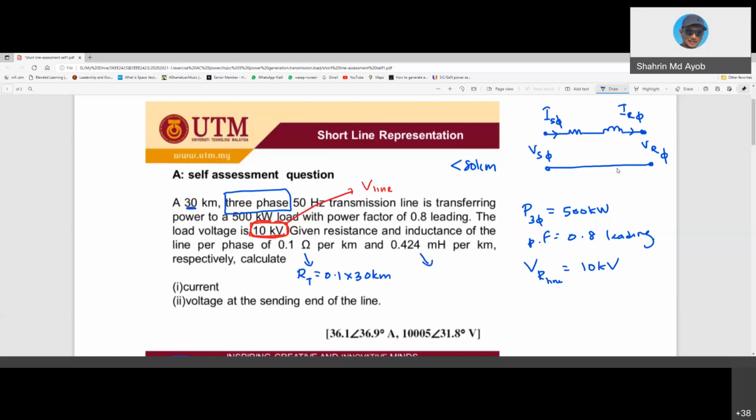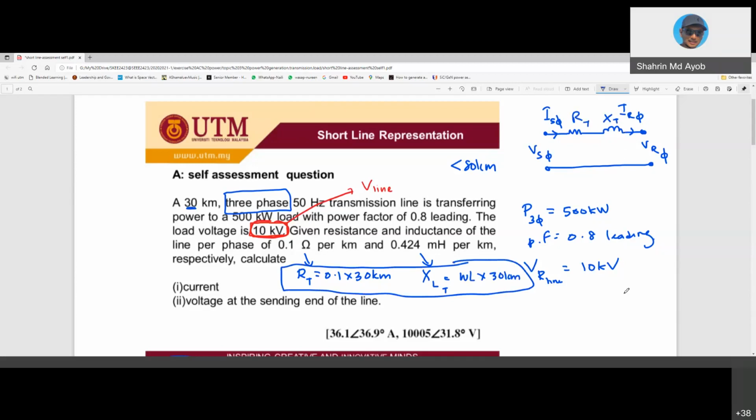You need to convert the inductance into reactance first: multiply omega L by 30 kilometers to get the total reactance. That is the first step: calculate R total and X total.